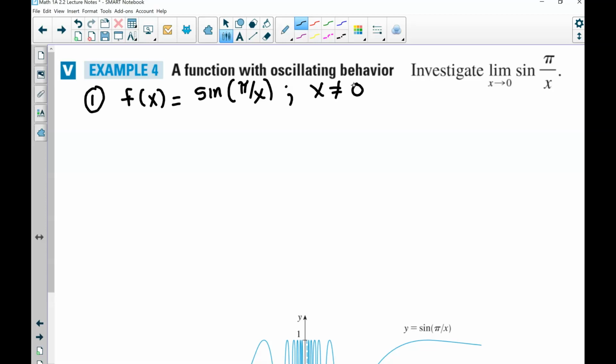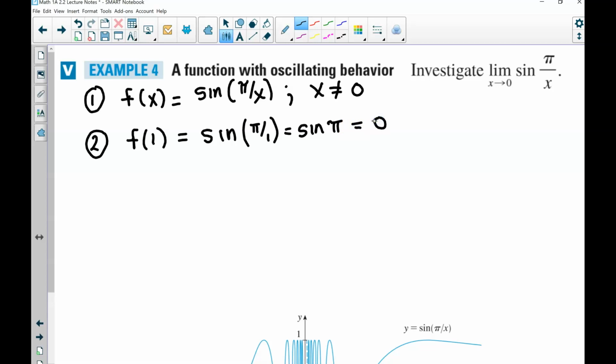Now, we can evaluate the function for small values of x. So what happens? Let's evaluate the function for when x is equal to 1. If we take f of 1, that is going to equal the sine of pi over 1, which is the sine of pi, and the sine of pi is equal to 0.